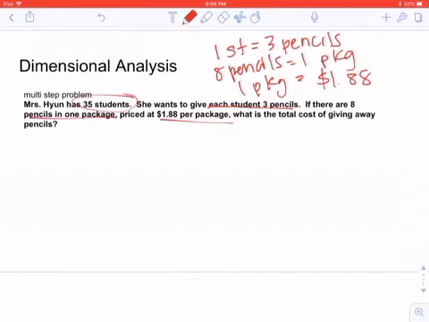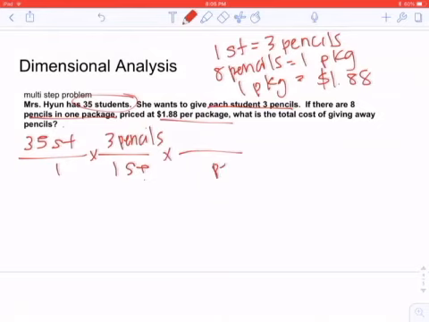So I'm starting out with my original value, 35 students. 35 students over 1. I can put students at the bottom because I'm just dropping it down from here. 1 student will get 3 pencils.